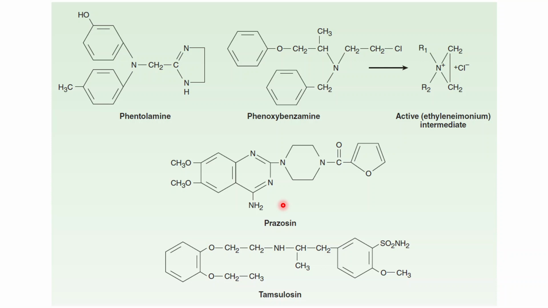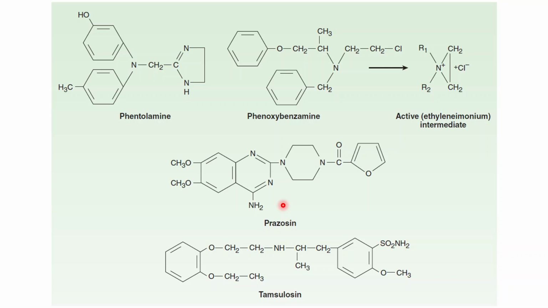Terazosin has high bioavailability but is extensively metabolized in the liver, same as prazosin, and only a small fraction of unchanged drug is excreted in the urine. The half-life is about 12 hours, so slightly higher than prazosin.